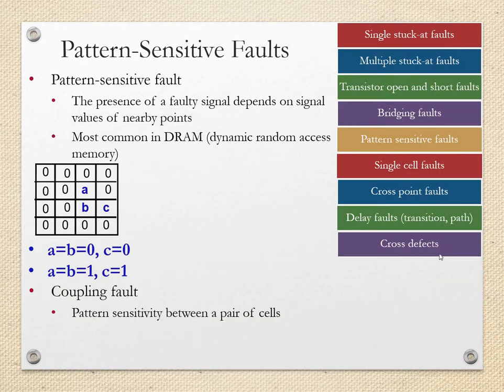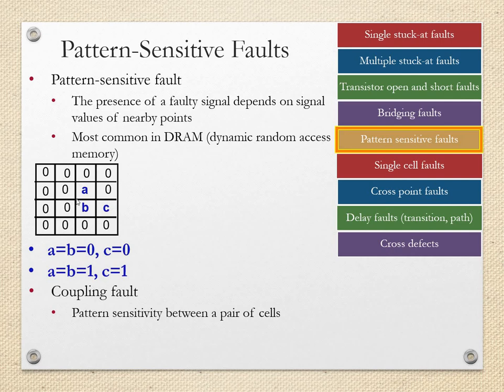Now the next, after bridging fault, the next type of fault is the pattern sensitive fault. These pattern sensitive faults are mainly applicable for memories. The presence of a faulty signal depends on signal values of nearby points. So you can see this memory, a small portion is shown over here.